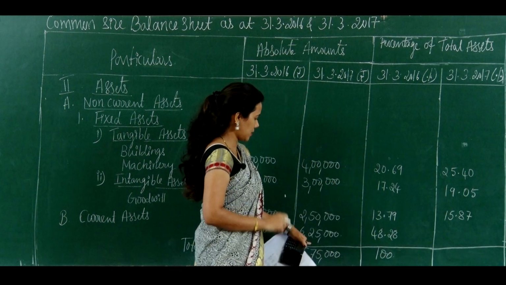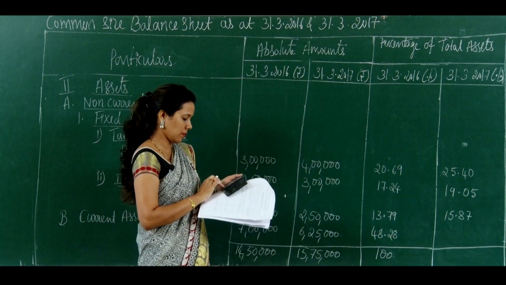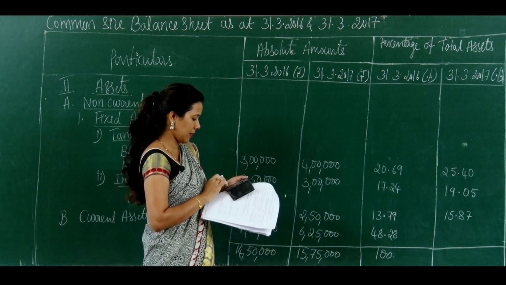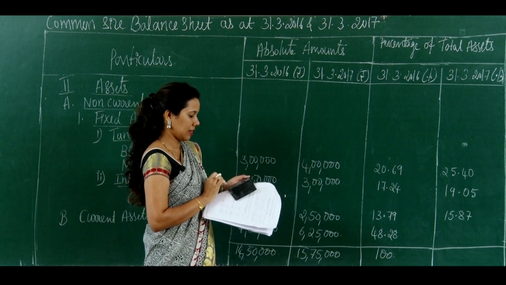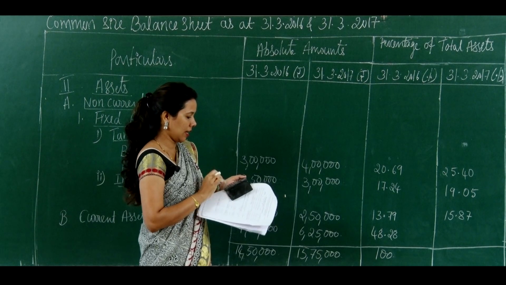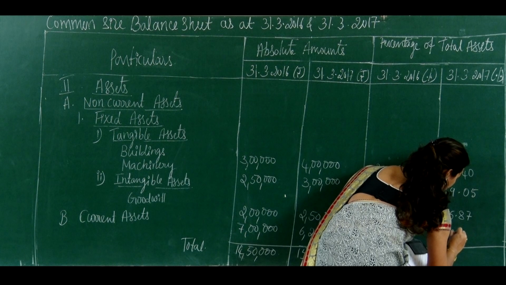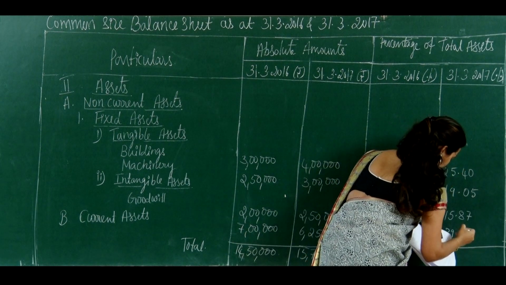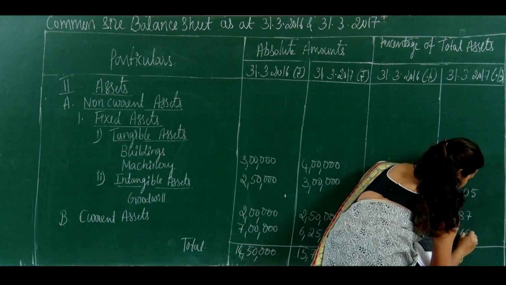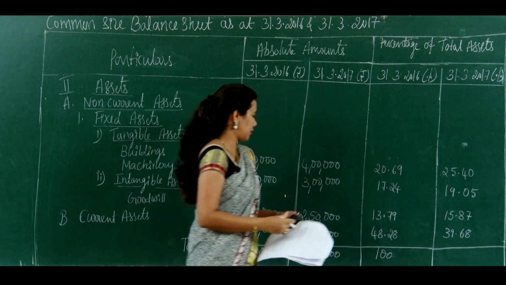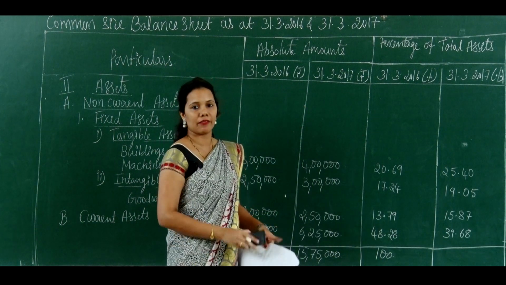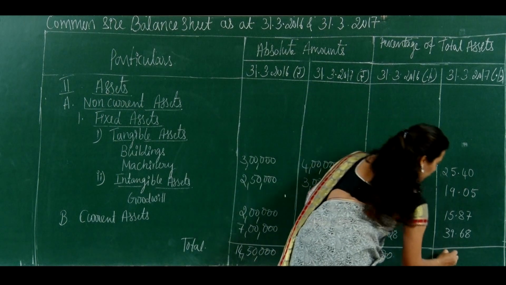And the last one, 6,25,000 divided by 15,75,000 into 100, that is 39.68. And finally, 15,75,000, that is the base.